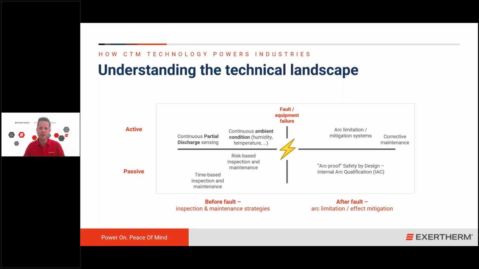Second area has been around continuous switchgear room ambient condition monitoring, or inside the e-house, capturing temperature, humidity, unlocking dew point calculations, and so on. And then thirdly, the discussion has been centered around continuous thermal monitoring. So this is where the core of the webinar today sits.